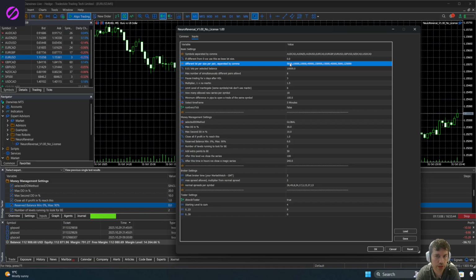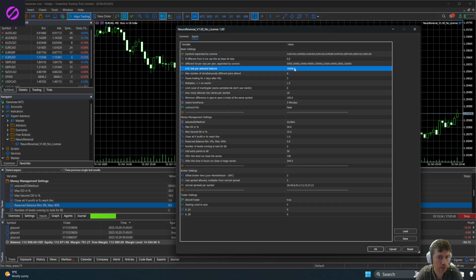This is to set a different lot size per balance per symbol. In this case, every $5,000 we will have 0.01 lot size for the first symbol, and every $10,000 for the next symbol, and so on. If you don't want to use this, leave it empty.